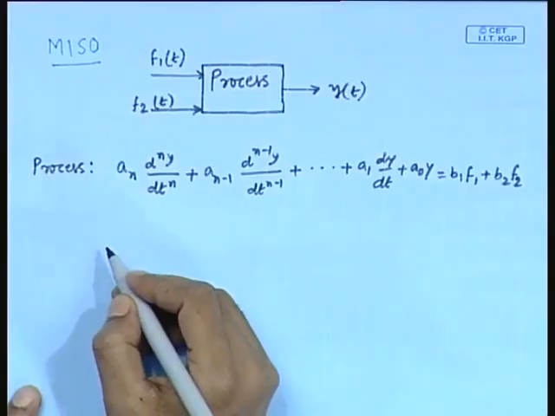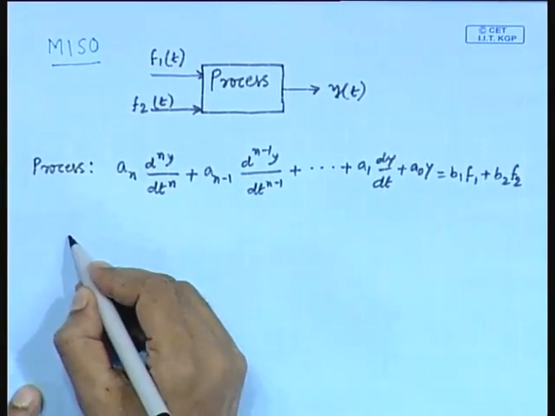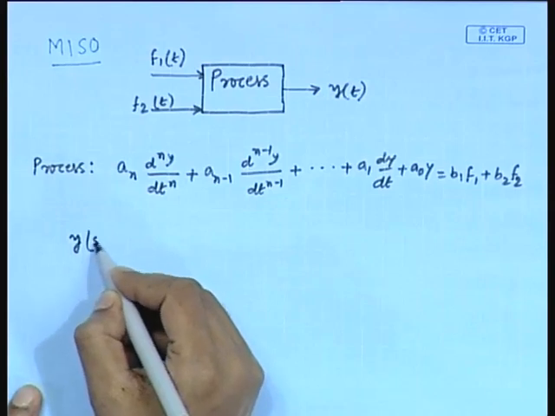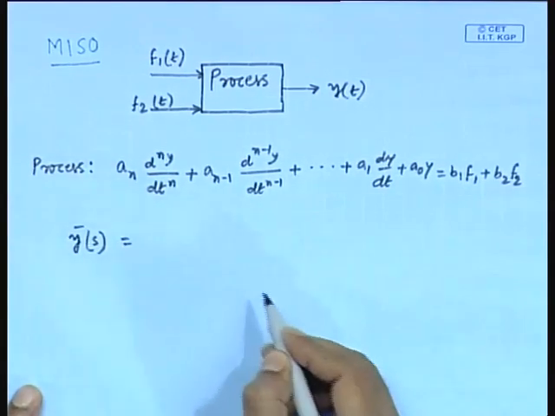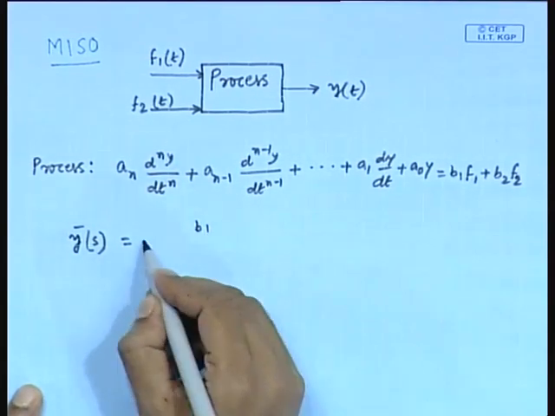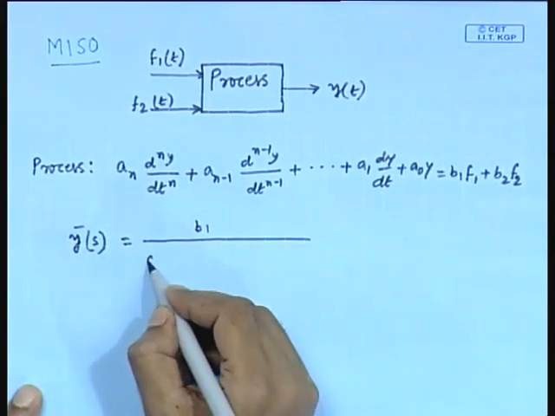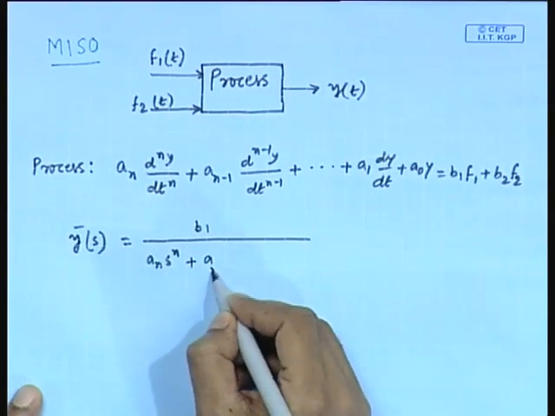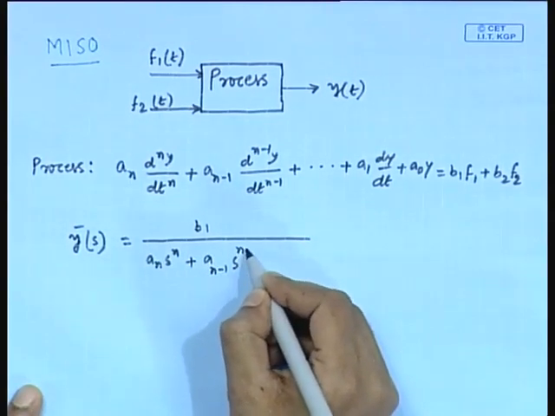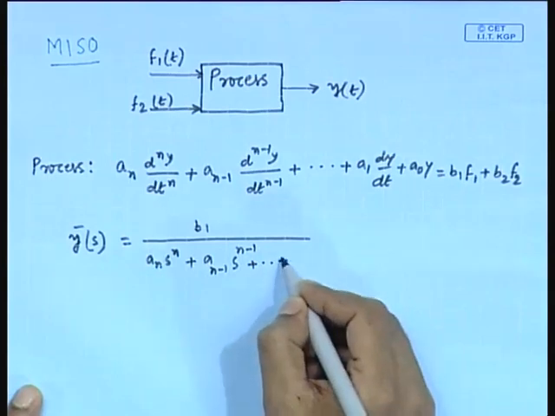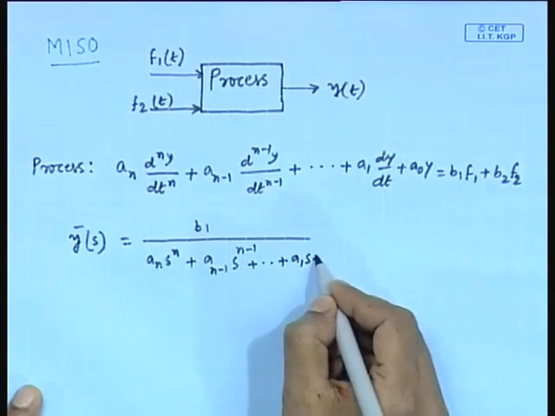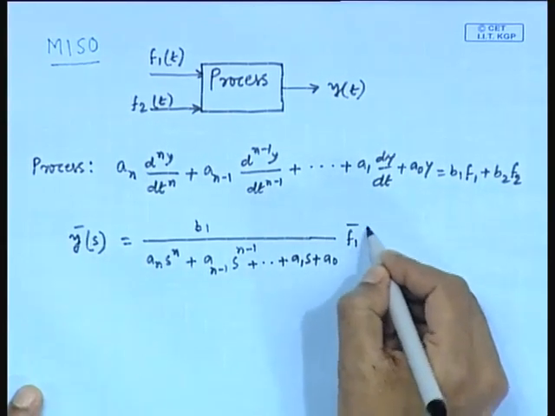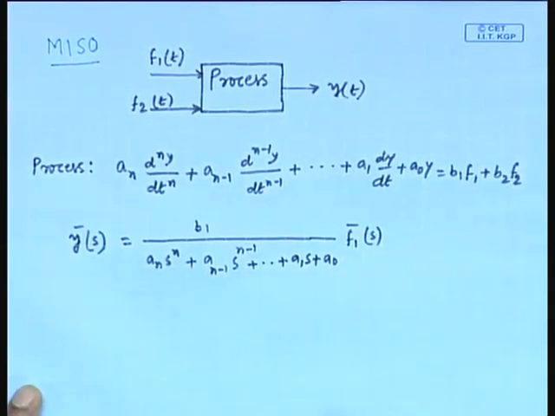If we take the Laplace transform and rearrange, then we will get the expression like this: b_1 divided by a_n s^n plus a_(n-1) s^(n-1) plus ... a_1 s plus a_0 multiplied by f_1 bar(s).